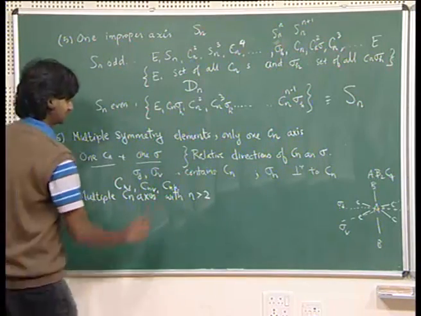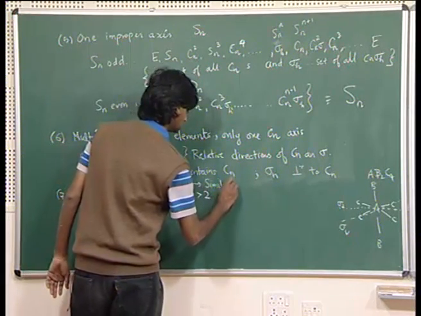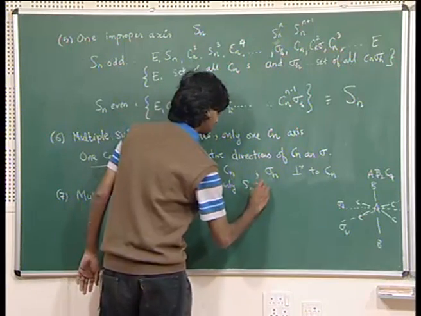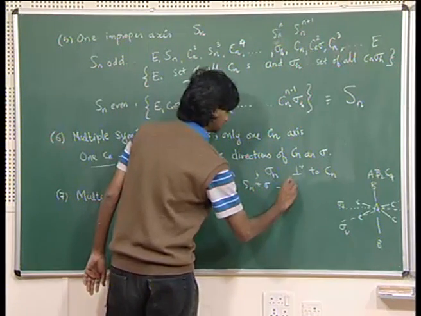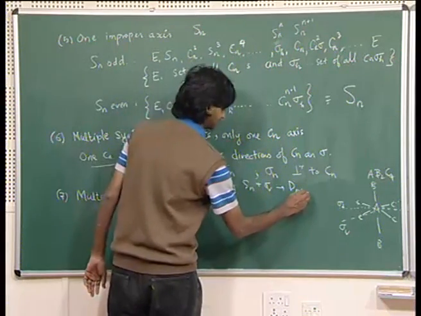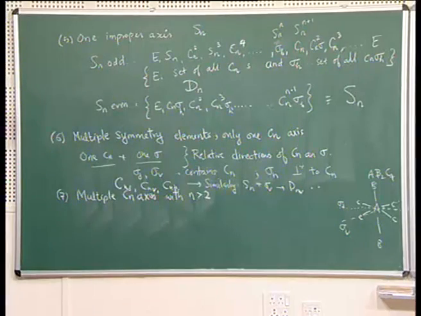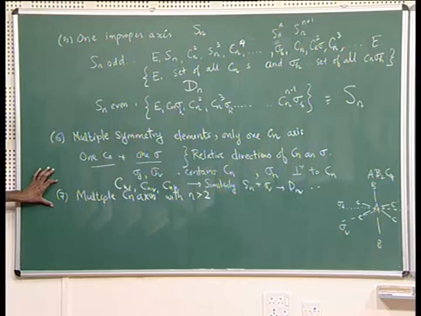So similarly, S_n plus sigma leads to D_n, and if you have sigma_v, then you have D_nv, and so on. The last part is to consider when you have multiple C_n axes with n greater than 2. This will be the topic that we will consider next.